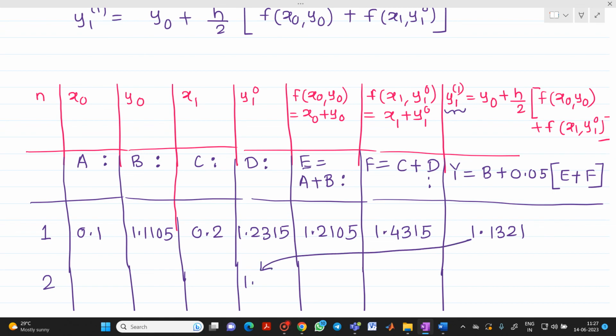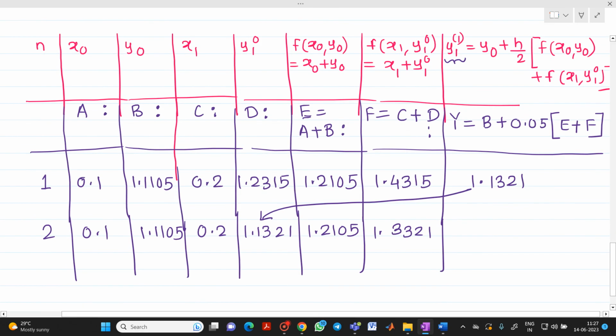So you have to substitute it here as 1.1321. The rest of the values will be the same. Again you substitute everything in the calculator and you will find this to be 1.3321.